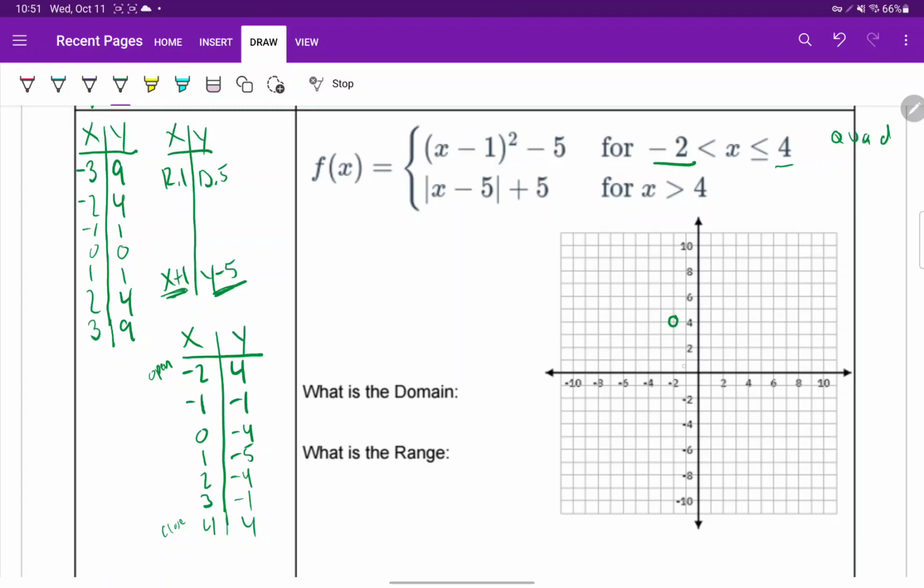Then I'm going to plot the rest. Negative 1, 0; negative 4, 1; negative 5, 2; negative 4, 3; negative 1, and 4, 4, and 4, 4 has a closed circle. And we connect our dots, and we can see the quadratic parabola is starting to take shape.